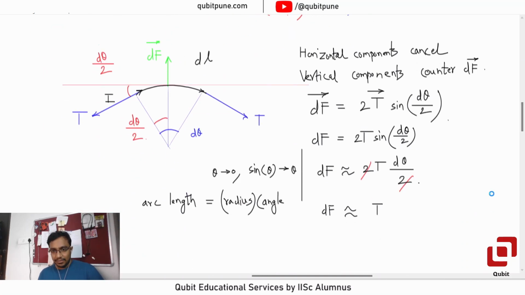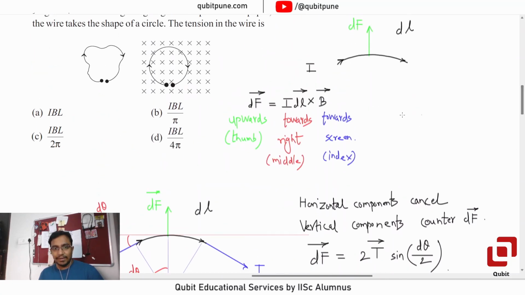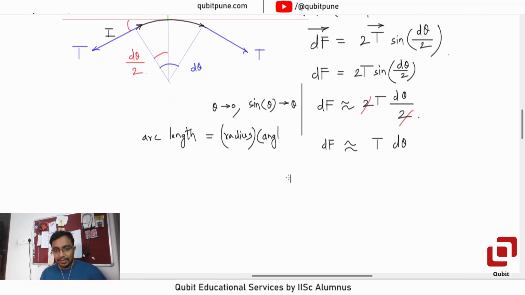Wait, let's keep d theta there and go to df actually. I think that will be easier. df is equal to I dl B, which is approximately T d theta because we want tension. Now we can think of arc length is equal to radius into angle.